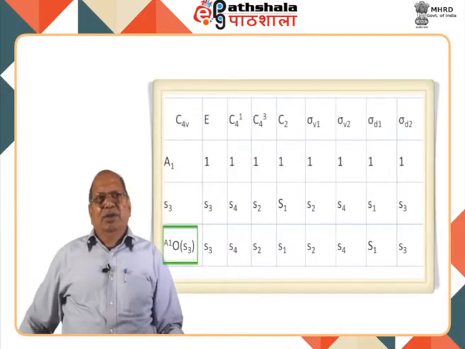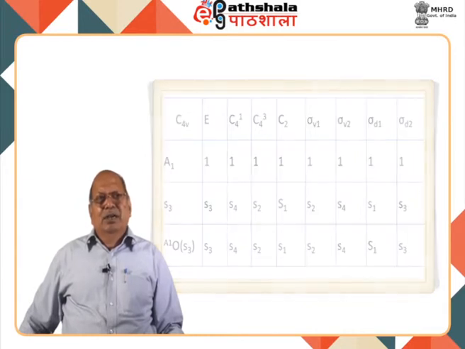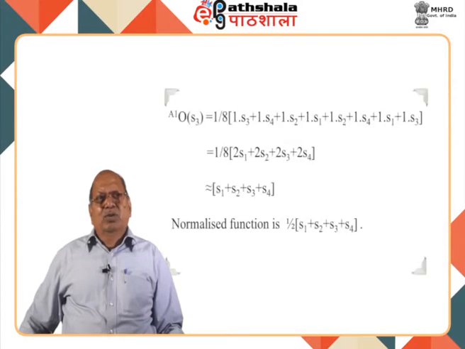Let us evaluate A1 on S3: how S3 changes is shown in the row against S3, and A1 on S3 is shown in this row. By calculating the overall projection operator effect, we again get the result S1 plus S2 plus S3 plus S4.